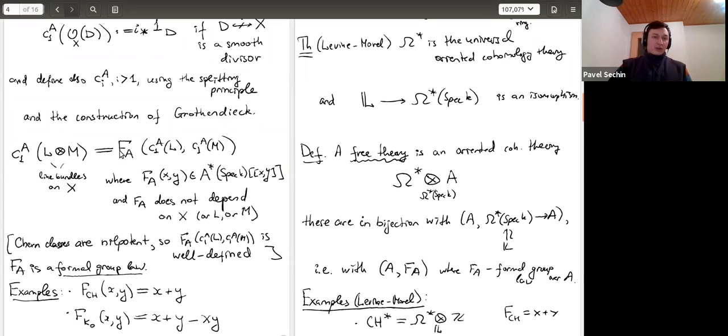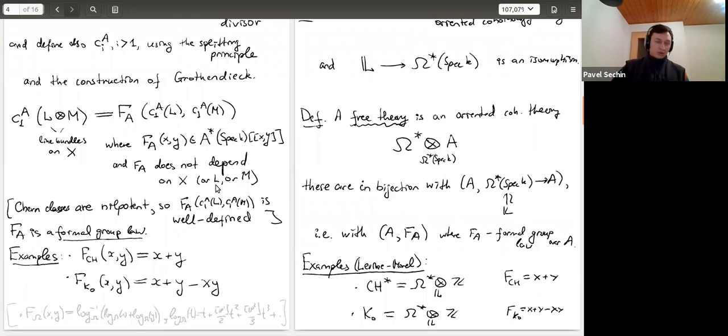So this F_A is not just any power series in two variables, but because of the properties of the tensor product of line bundles, it is a formal group law. I have decided not to include the definition of a formal group law, thinking that you might have seen one. But here are a couple of examples of formal group laws.